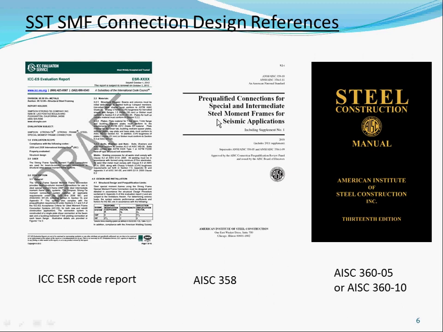In here, for us, we also reference back to the 360-05. Most other people would reference the 341-05, and the reason is, remember, I keep telling you the flange thickness ratio, the B to T ratio, needs to meet the 341-05 or 341-10.